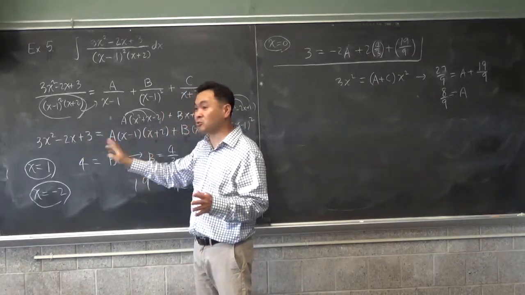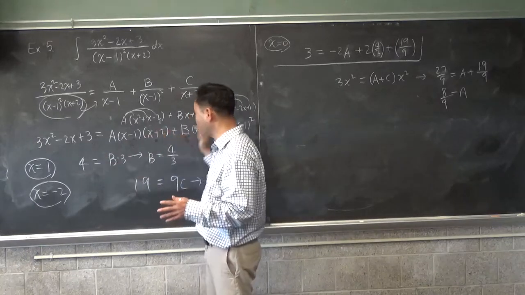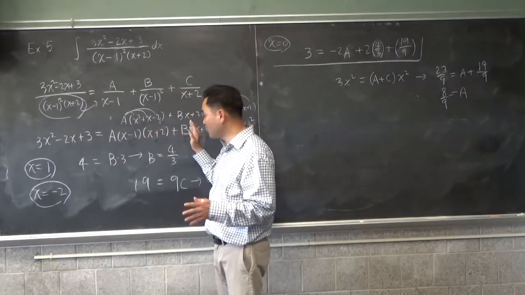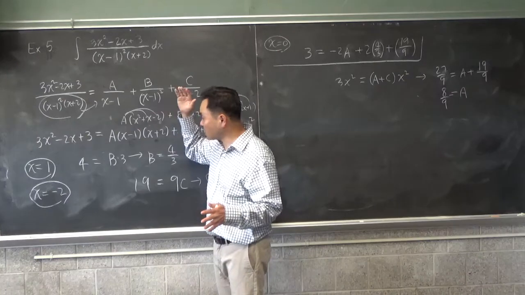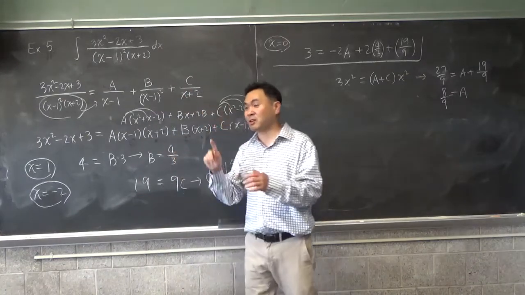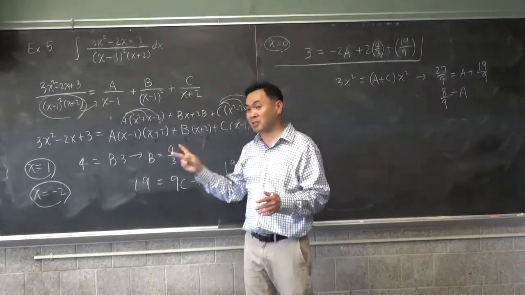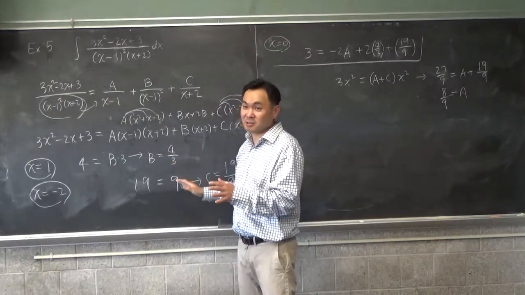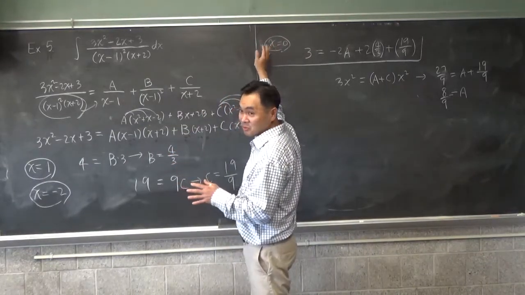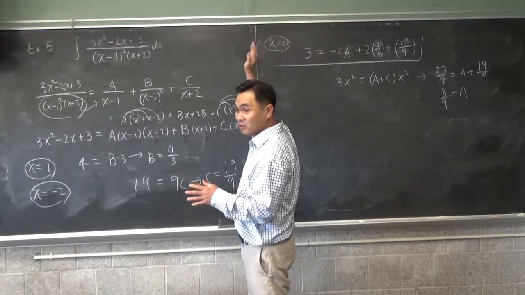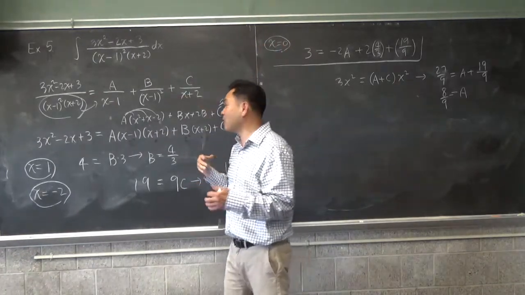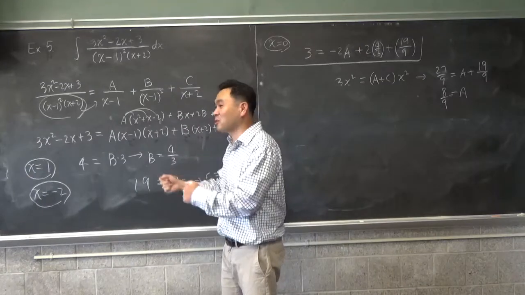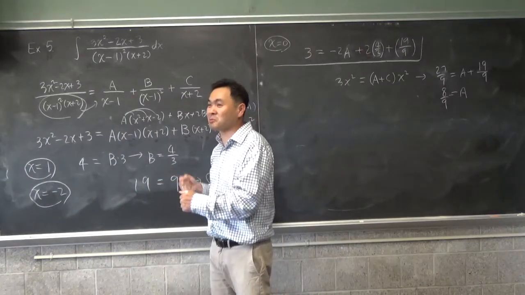Sometimes you can choose nice numbers that will make a lot of the unknowns disappear. So that's the plugging in method. So there are two things, coefficient comparison and plugging in. Usually plugging in is easier, but sometimes you run out of nice numbers and you end up with some disgusting equation.